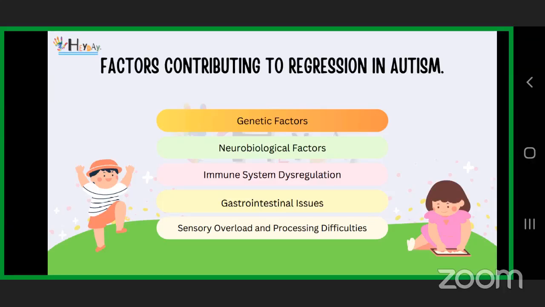Triggers can also be one reason for the frequency of regression, because regression can happen not just once. Depending on which stage the child is, the child might experience it at an early stage, later stage, adolescent stage, or triggers can also push for regression.